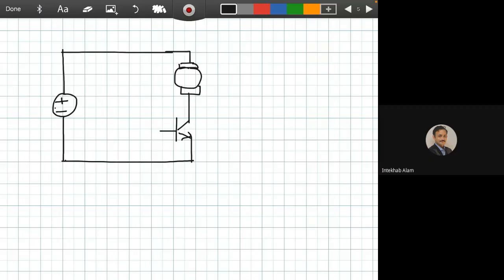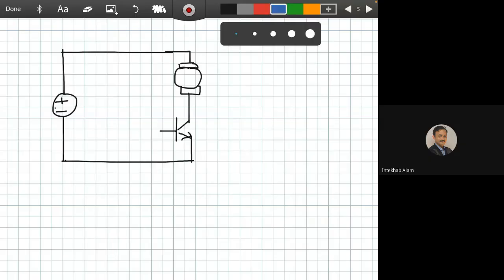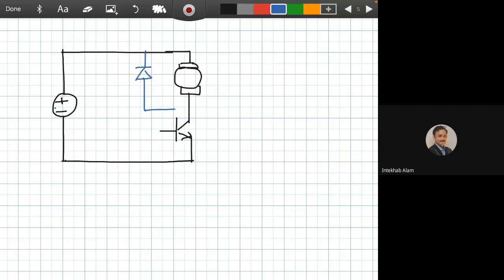Capacitor doesn't allow the rate of change in voltage, and inductor doesn't allow rate of change in current. Okay, so using the capacitor, we can suppress a voltage. And another thing, whenever we have used a freewheeling diode in here, like this point, this will allow the inductive current to flow in this direction.